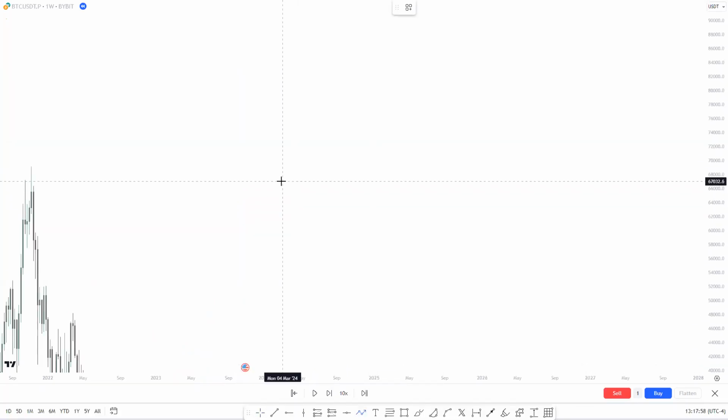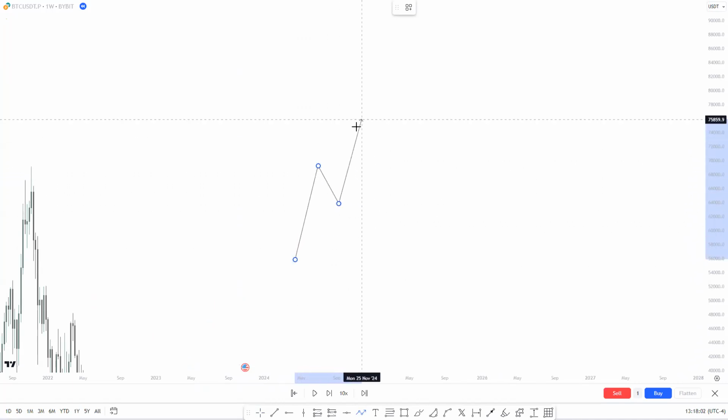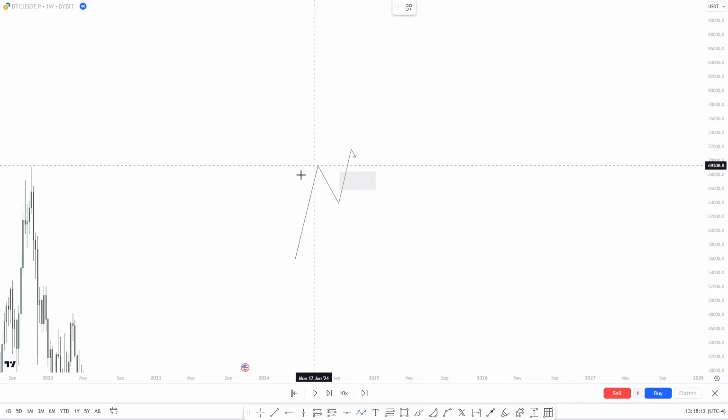What I mean by that is that when price takes out external range, okay? So there's the external range. Let's say this is internal range liquidity. Most of the time, or almost every time, when price takes out external range, it's going to come back into internal range, but it doesn't have to go back into external range again.